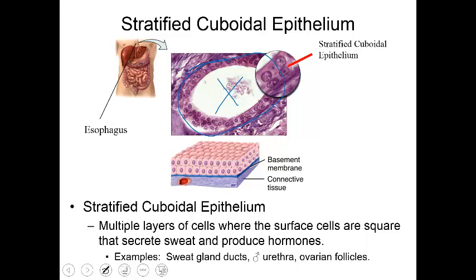It's not just one layer. So that is the stratified cuboidal epithelium. And stratified cuboidal epithelium is usually seen in a gland or duct of some kind. So you know that it's going to either secrete or produce something.